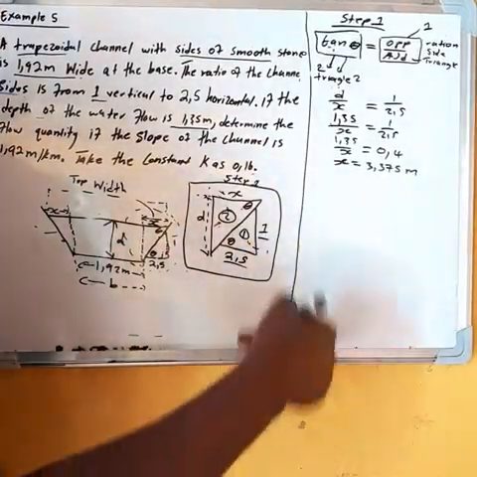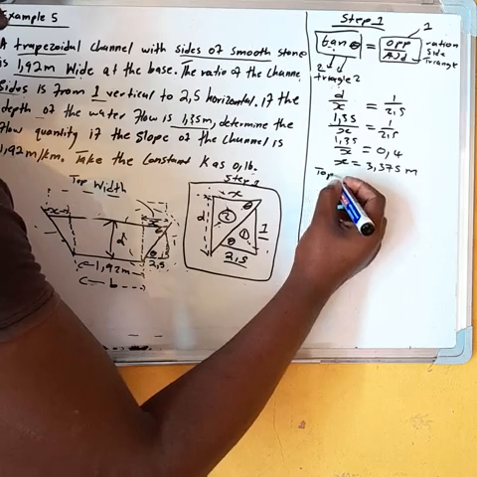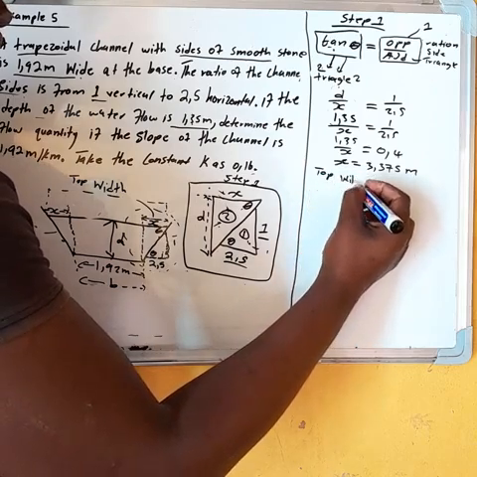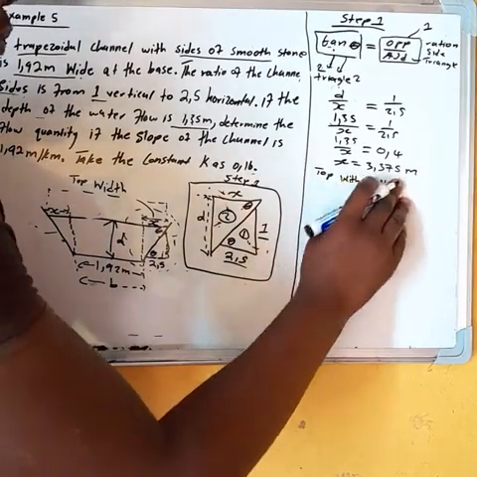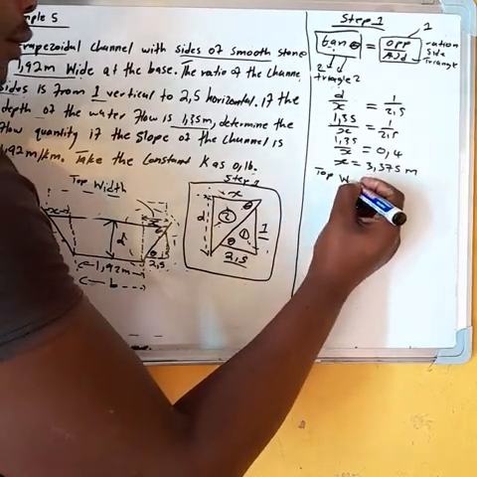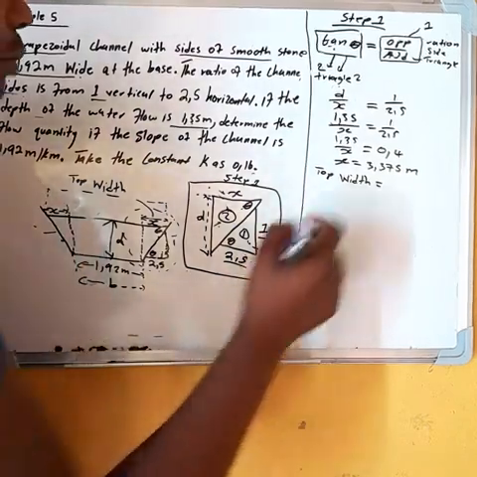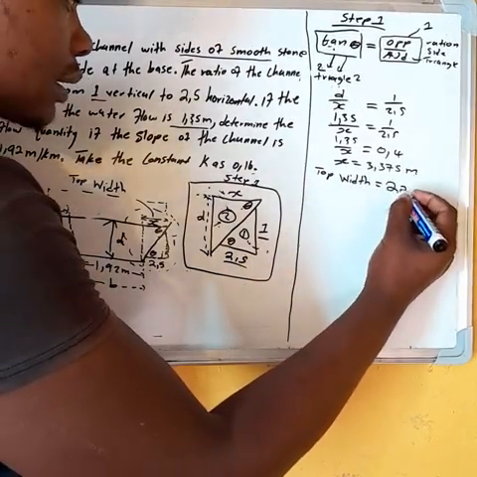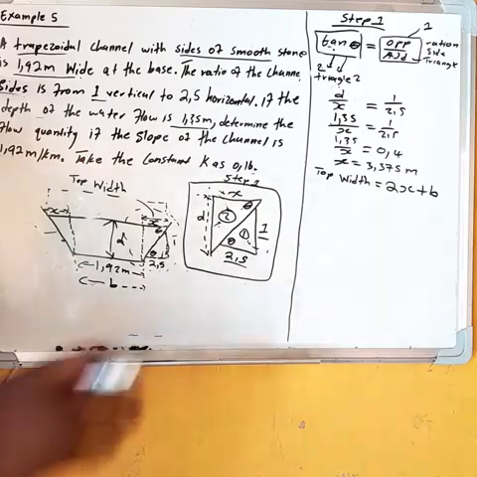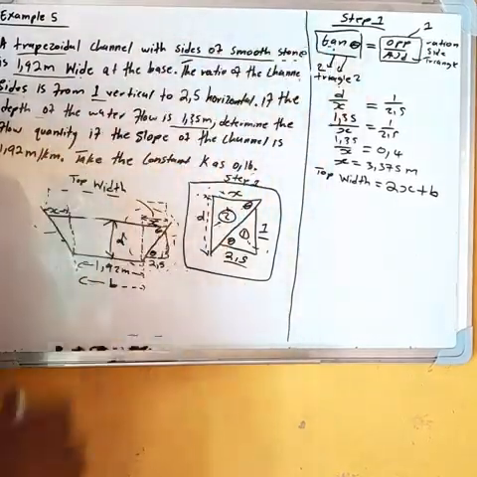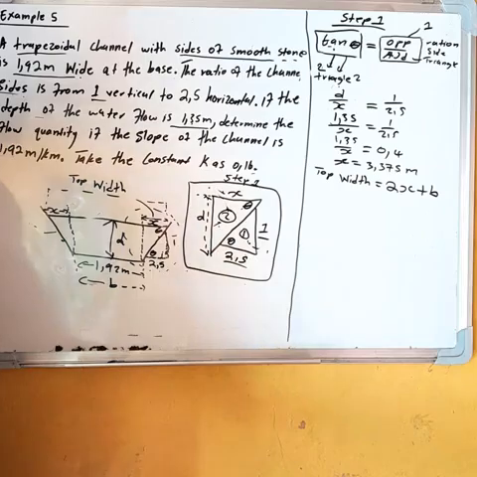Still under step 1, then you have to find the top width. The second step we say is top width. Your top width will be 2x plus b, always 2x plus b, from the smooth stone trapezoid. When you see sides of the smooth stone, your top width will be 2x plus b.